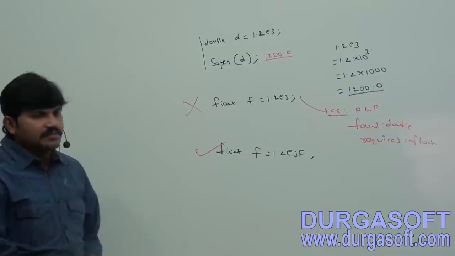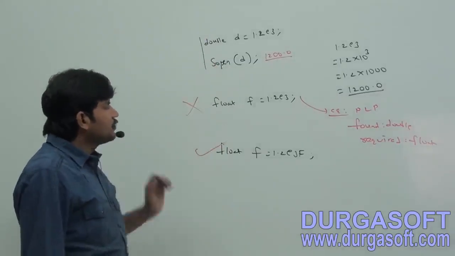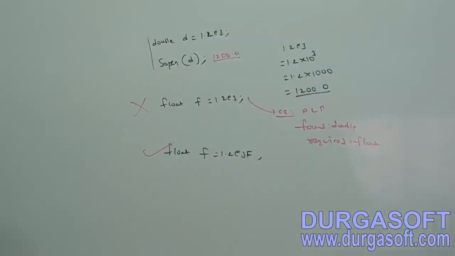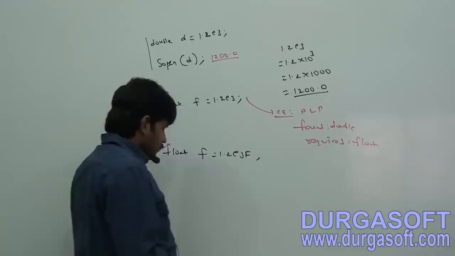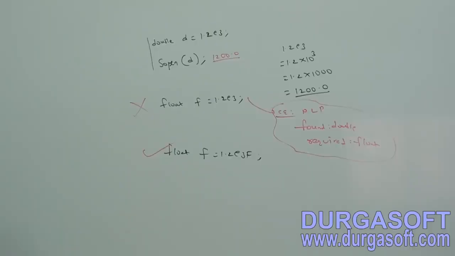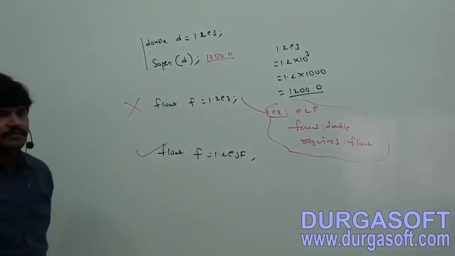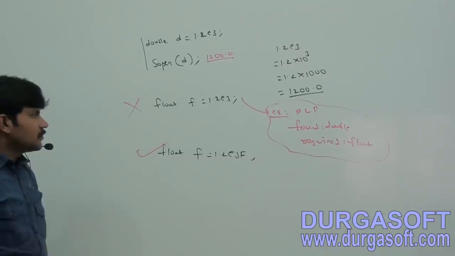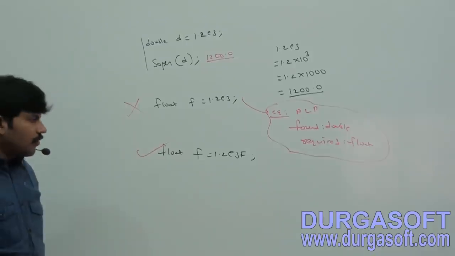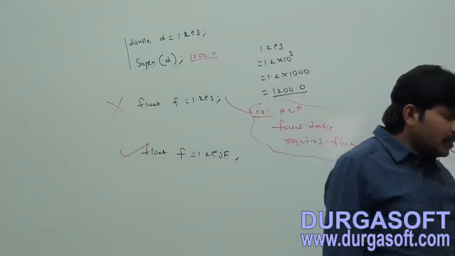Exponential form, scientific notation. Okay, so take this one example: double d = 1.2e3, System.out.println of d gives 1200.0. Next, float f = 1.2e3 gives the compile error: possible loss of precision, found double, required float. Next, float f = 1.2e3f.